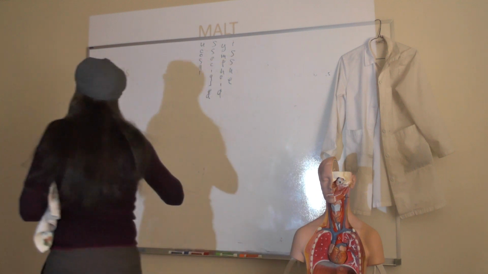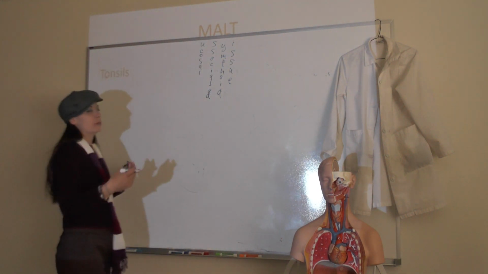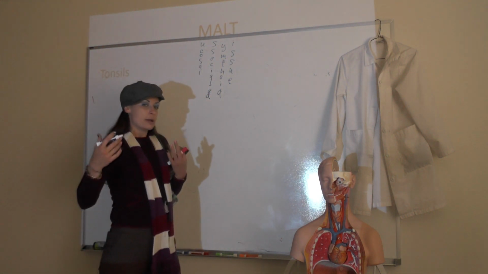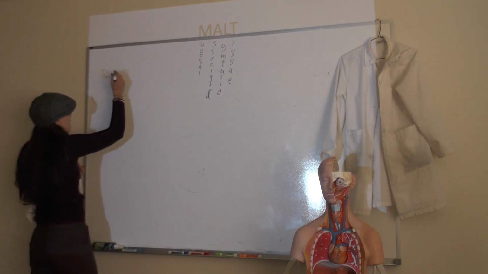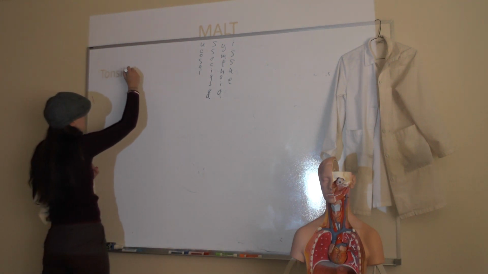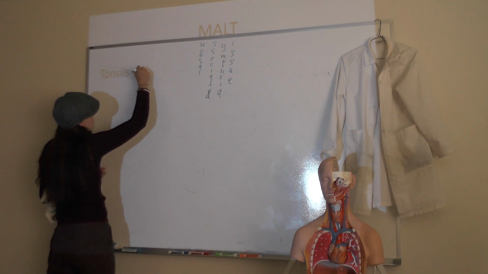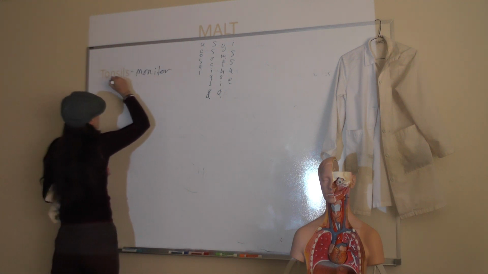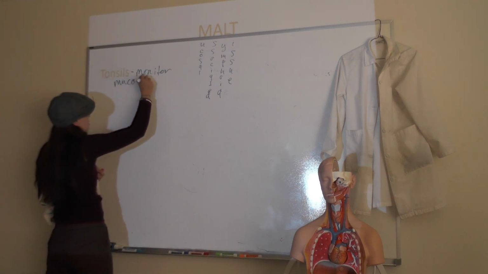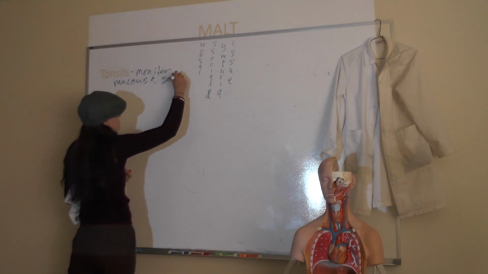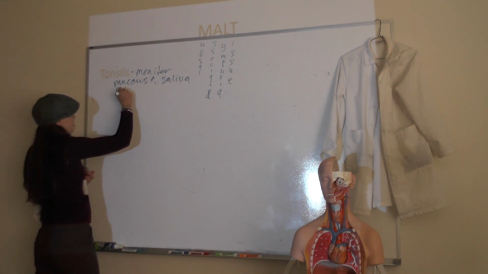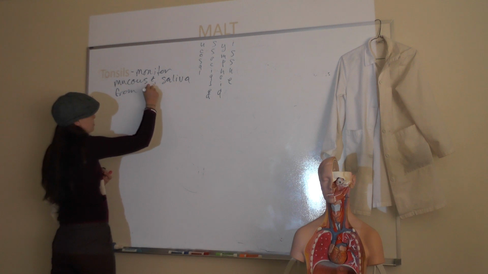So the tonsils are monitoring the mucus that's coming in from your nasal and oral cavity, and so we could say that's their big function. Our tonsils monitor our mucus and saliva from the nasal and oral cavity.